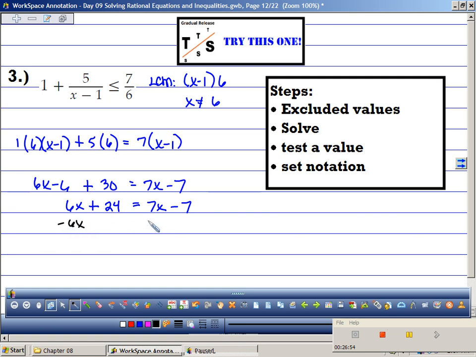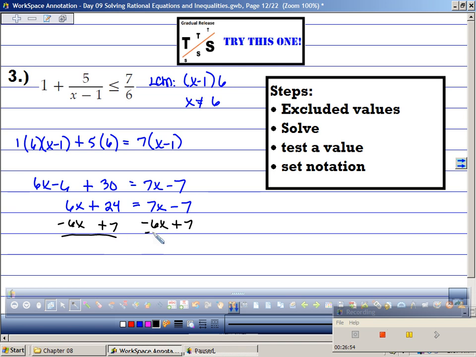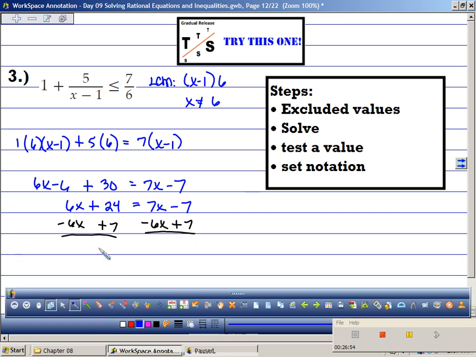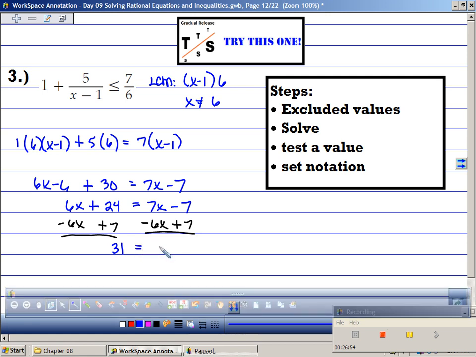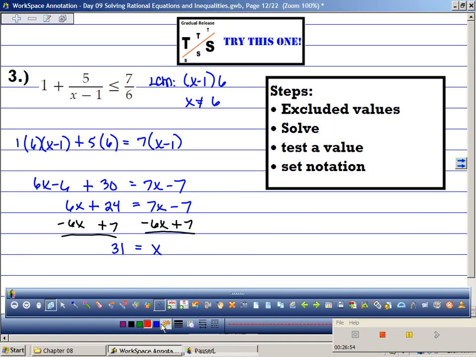Subtract 6x from both sides. Add 7 to both sides. Josiah, what do I get? 31 equals 1x. Here's my number line.